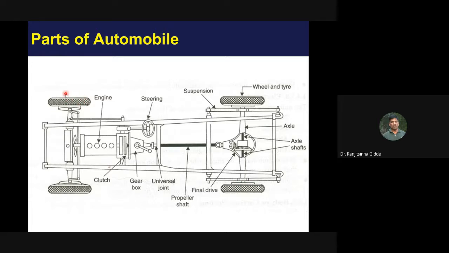So this is the wheel. These are the front wheels, and this, as I'm moving the cursor, is nothing but the front axle. Steering is provided to this front axle.